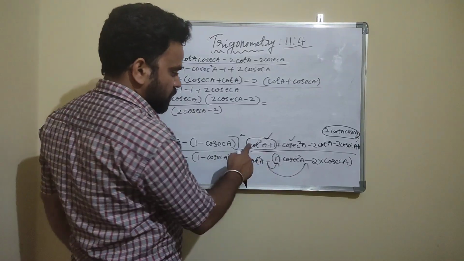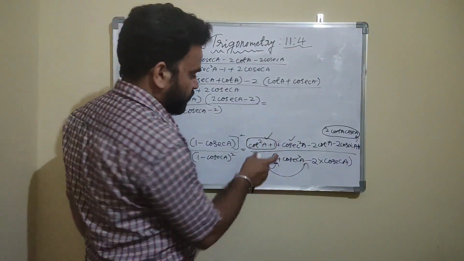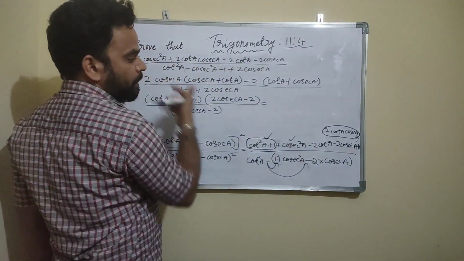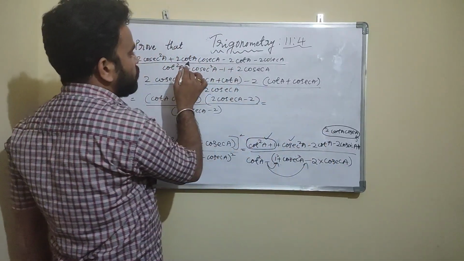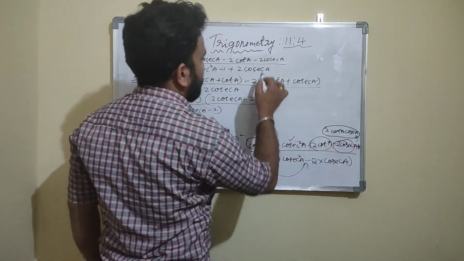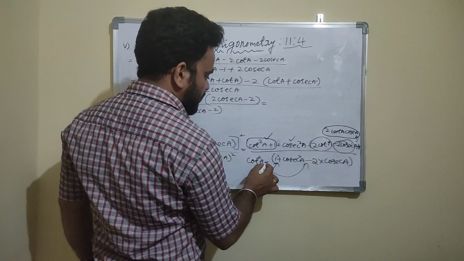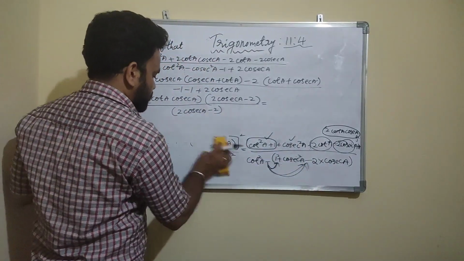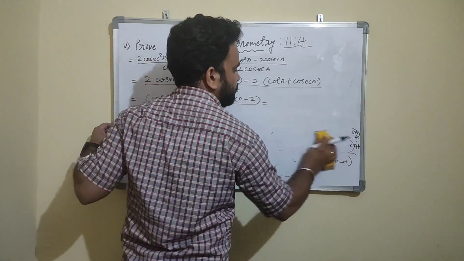Once again I'll tell, cot square a plus 1 is cosec square a, this cosec square a plus this cosec square a, how many are there? 2 cosec square a, and this last term I am writing first, 2 cot a cosec a, then I am writing this minus cot a minus cosec a at last, and in the numerator I multiplied this minus with individual terms. Clear? So that we can remove this, you will not get confused, right?